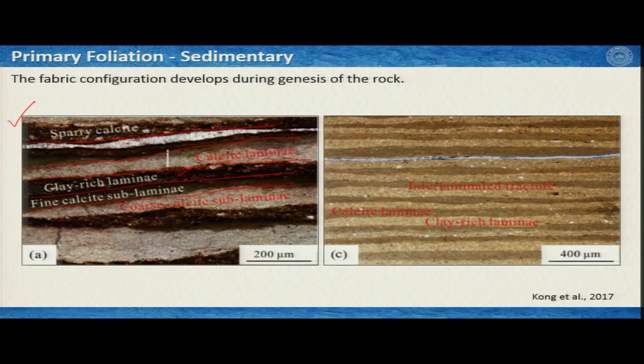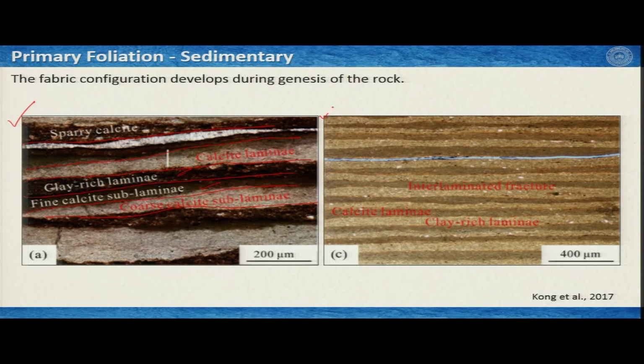The top layer is clay rich lamina and the second one is fine calcitic sublamina, and this layer is coarse calcite sublamina. So, the grain size is also varying, and at the same time the compositions also vary in defining the primary foliation in this sedimentary rock.